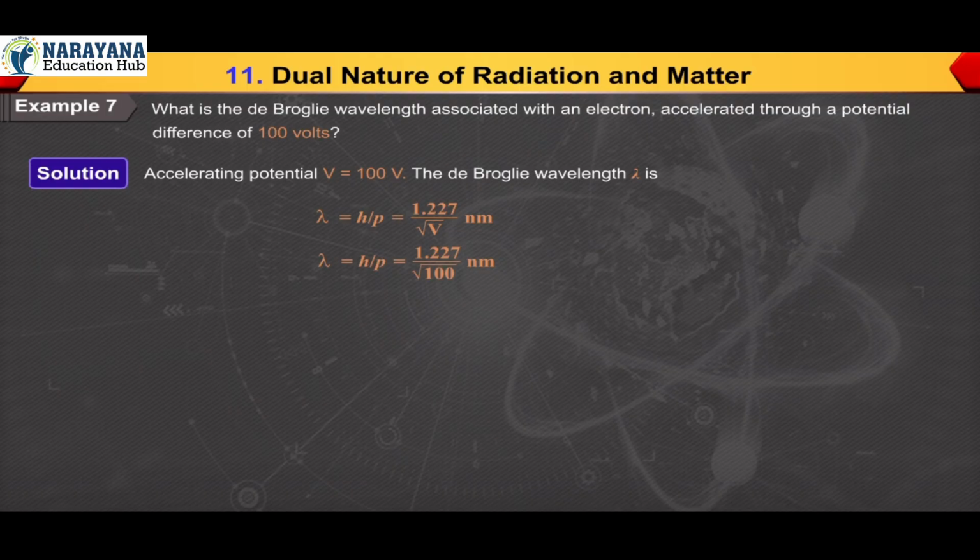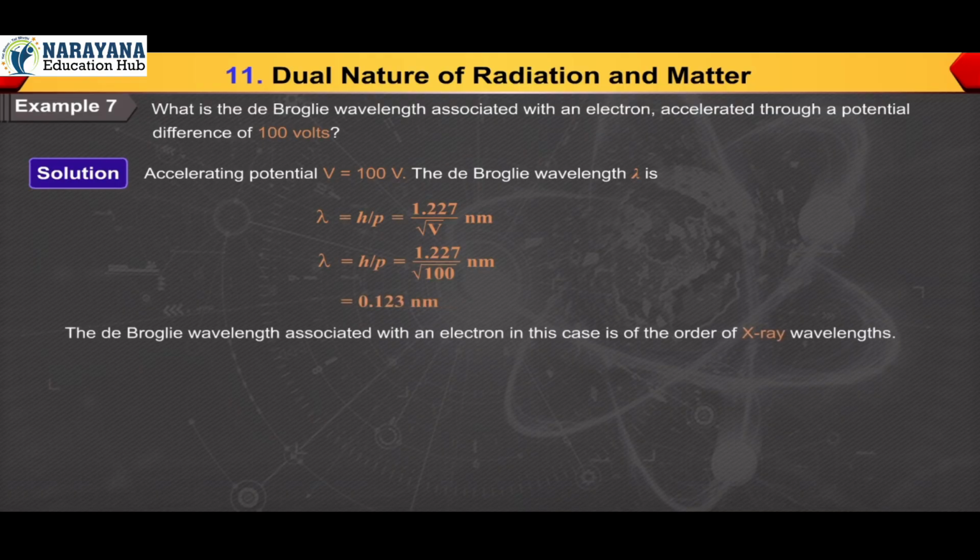Therefore, lambda = 1.227/square root of 100 nanometer = 0.123 nanometer. The de Broglie wavelength associated with an electron in this case is of the order of X-ray wavelengths.